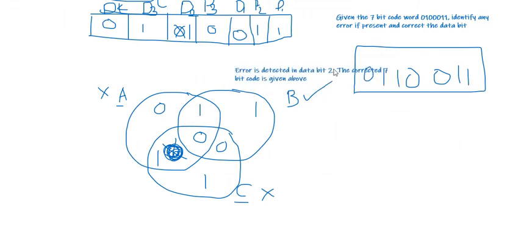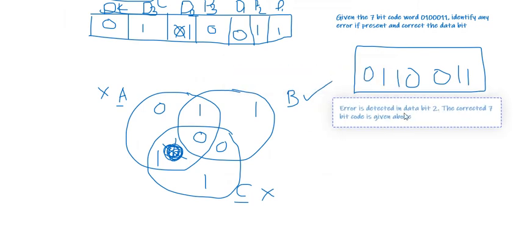So error is detected in data bit 2. This is the bit where you have the error. The corrected code is given above. This is the above one, 0 1 1 0 0 1 1. So this is the corrected data bit.